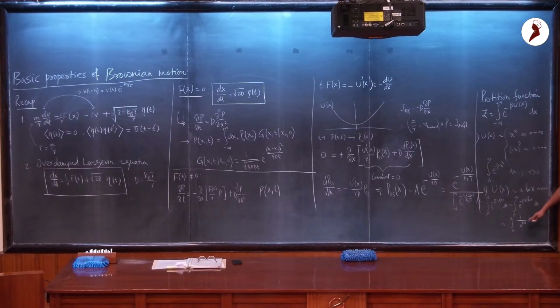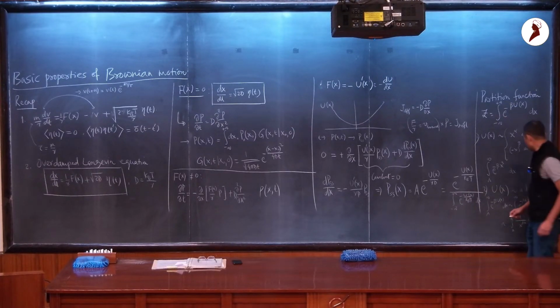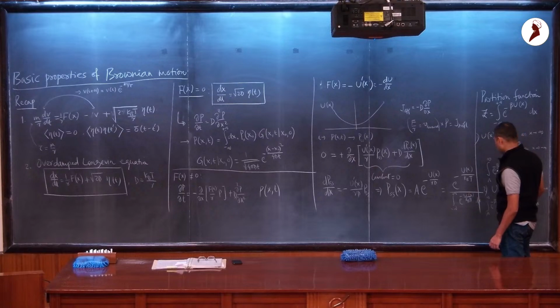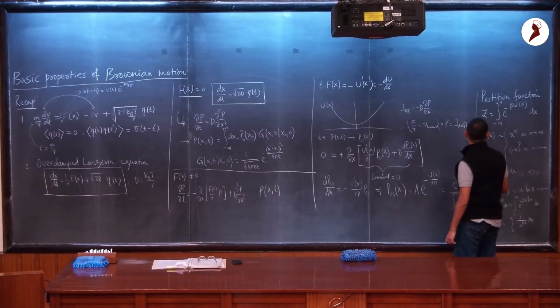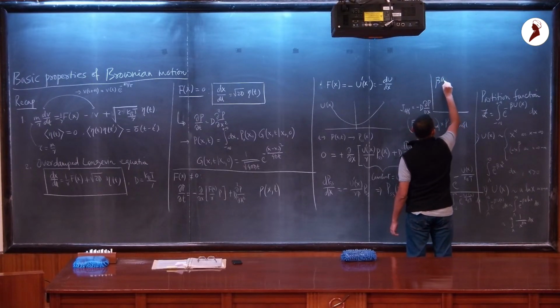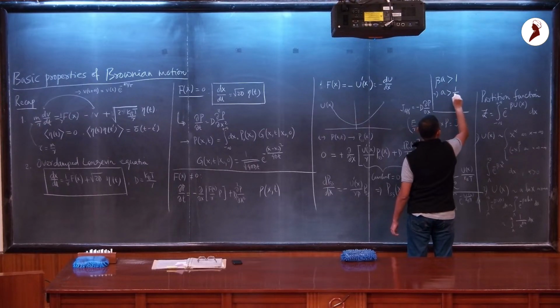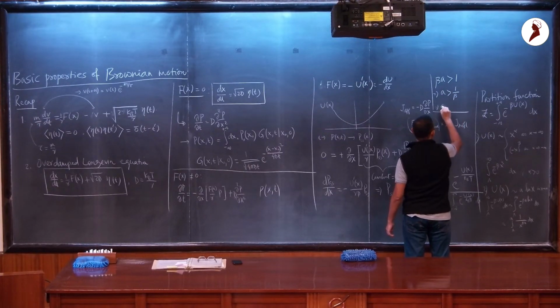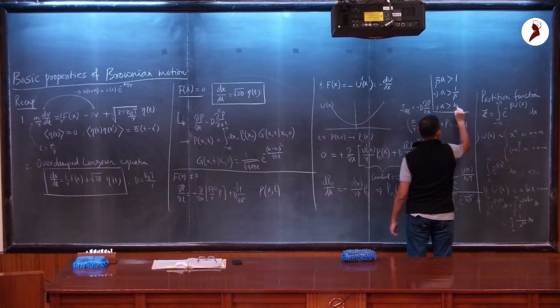Therefore beta a should be greater than 1. So that gives me a constraint: let me write it somewhere there. Beta a should be greater than 1, which means a should be greater than 1 over beta, or a should be greater than kBT.